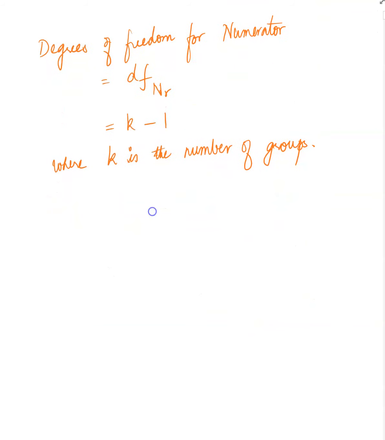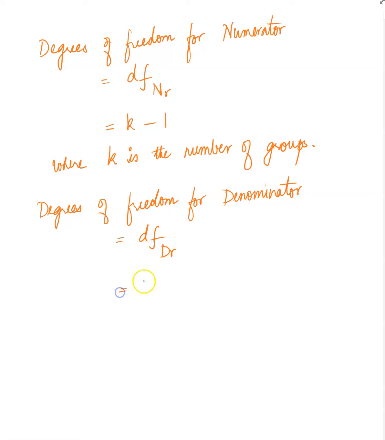The degrees of freedom for the denominator, df with a dr suffix, is capital N minus k, where N is the sum of the sample sizes for each of the groups.